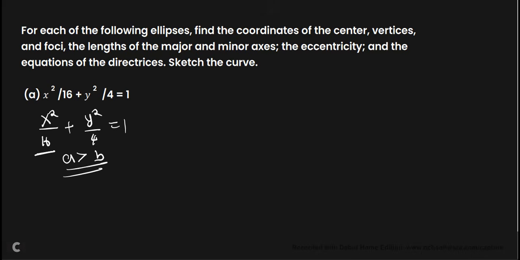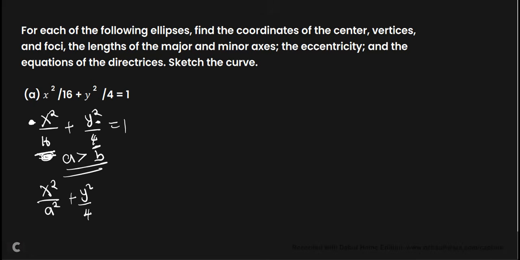Between 16 and 4, which one is big? 16 is big, right? So in this situation your a part is in the x-axis, because that's where there's a bigger number than the other part. Where there's x, there's 16. Where there's y on top, there's 4. So your a is in the x-axis.